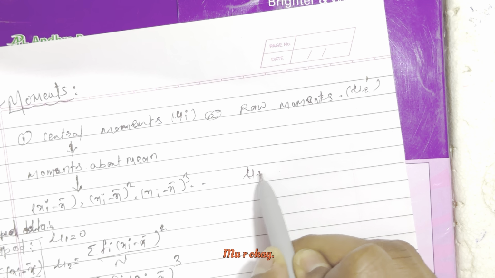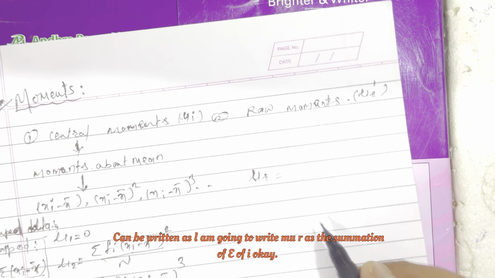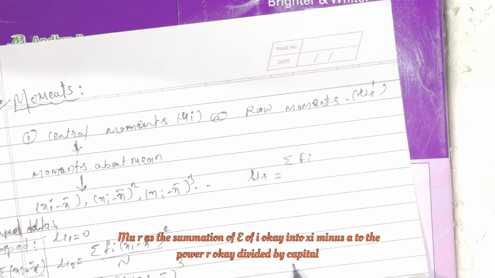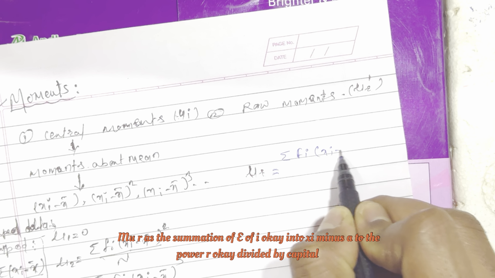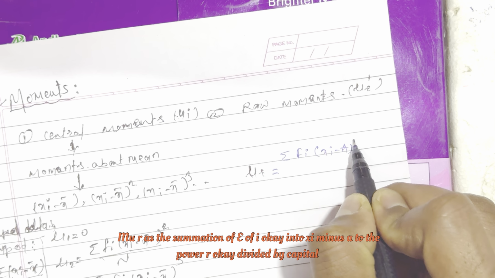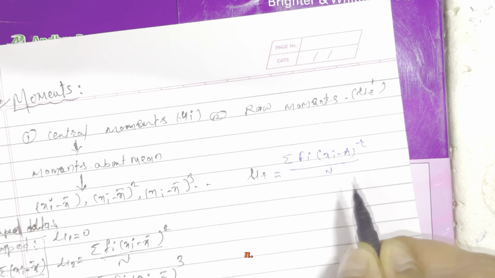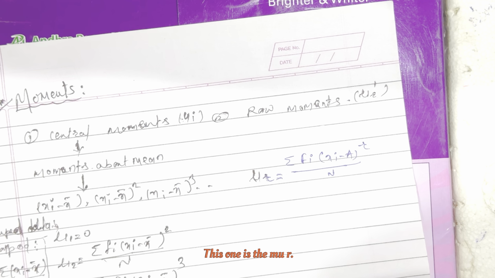Mu r dash can be written as the summation of fi into (xi minus A) to the power r, divided by capital N.